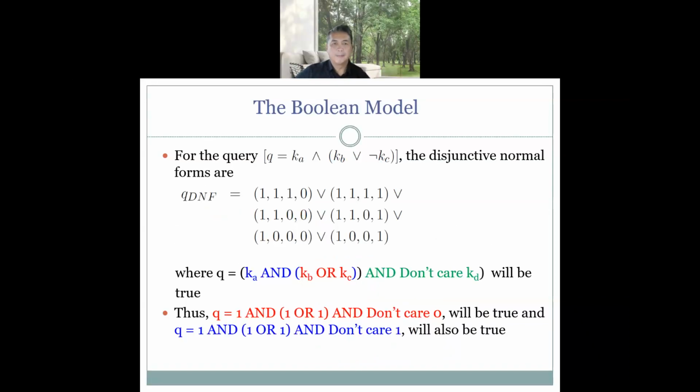So the query that I have is that I just focus on A, B, C, and I don't care about keyword D. So I will take 1 and then I don't care: 0 will be true, and 1 also will be true, because these two I don't care.